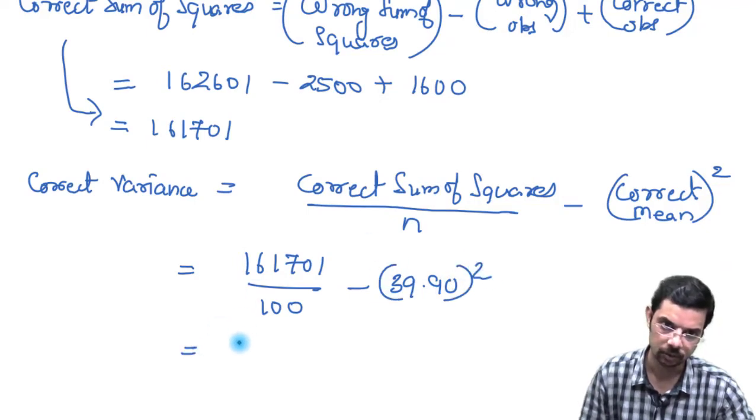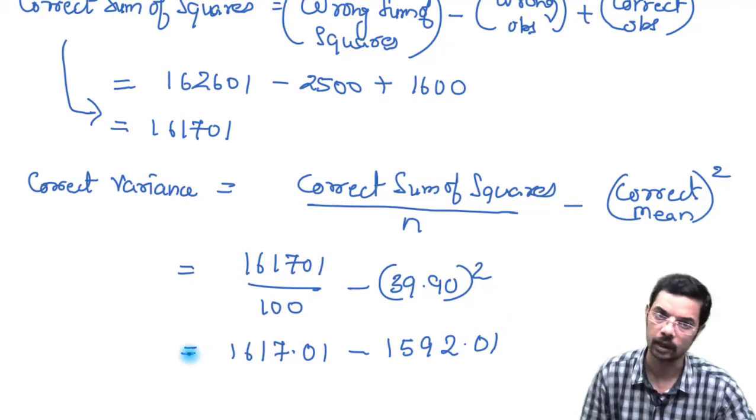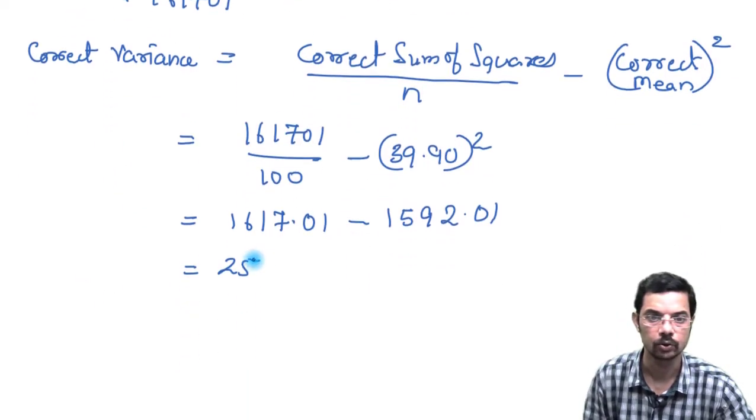That is equal to 1617.01 minus the square of 39.9, which is 1592.01, and this gives you 25. The correct variance is equal to 25.